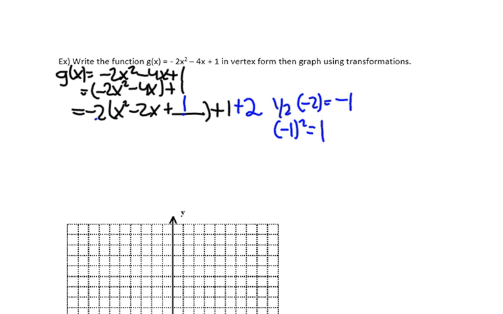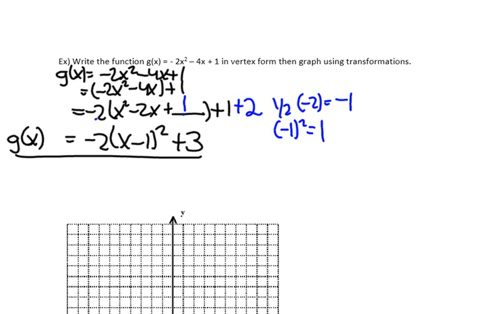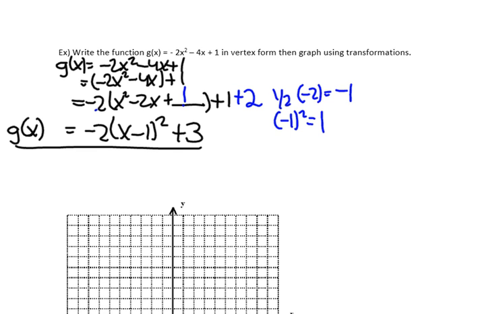So I'm going to add 2 here. Not subtract 1. I'm going to add 2 because -2 times 1 is -2. I'm going to add the opposite, which is +2, to the others out to the outside. Okay, now finish completing the square here. Now I'm in vertex form for this.